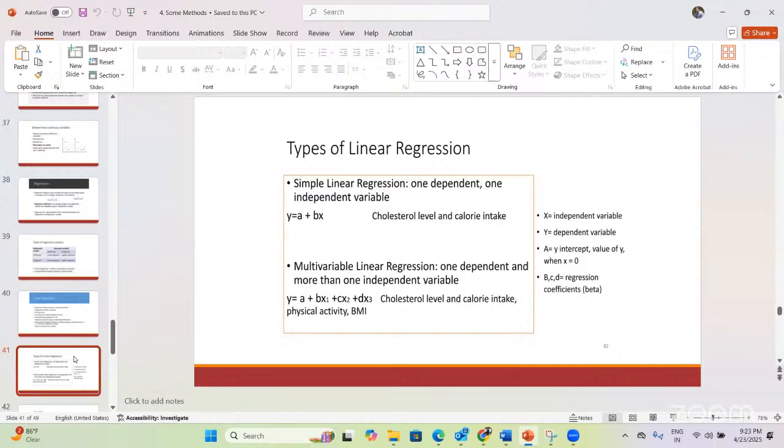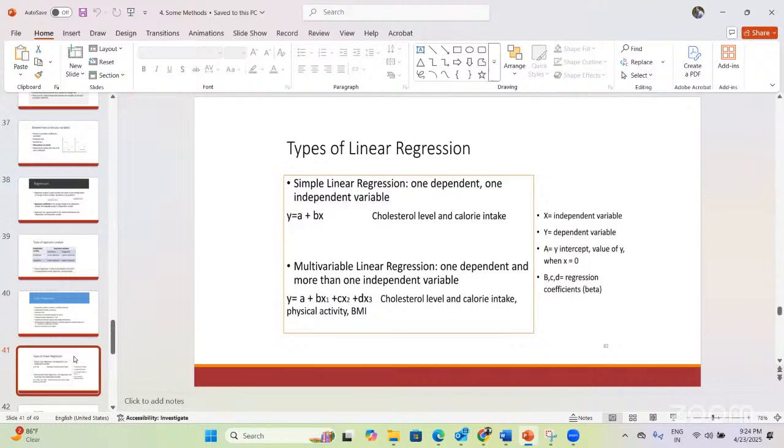In y equals a plus bx, a is the intercept and b is the coefficient of the regression. Here x is your independent variable. It may be your socio-cultural background, your economic background, your lifestyle, your attitudes. So y is your outcome and x is your control, the independent variable.